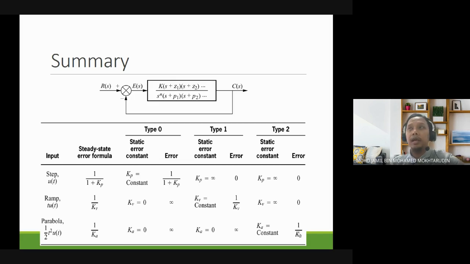But it's like pros and cons. If you want a system to have no overshoot, then the system must have a little bit of steady state error. If you don't want any steady state error, then the system probably has a little bit of overshoot. So it's hard to get everything that you desire, but later on in chapter 5 we will learn how to design a system according to specifications.